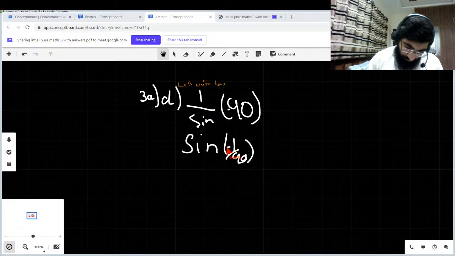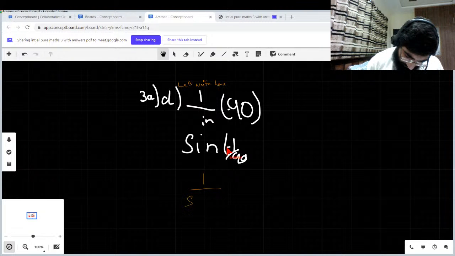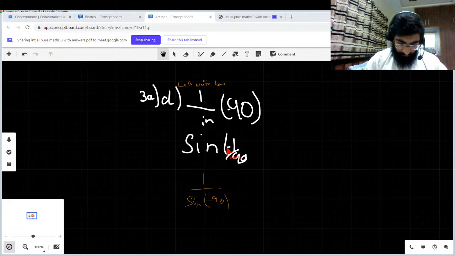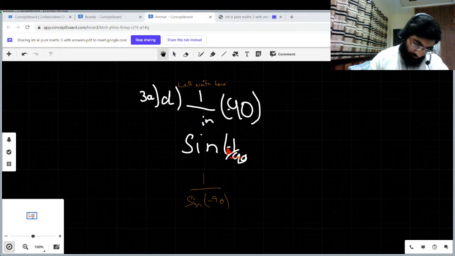This step is not right, this last one. How do I fix it? 1 over sine -90. 1 over sine -90. What is it?